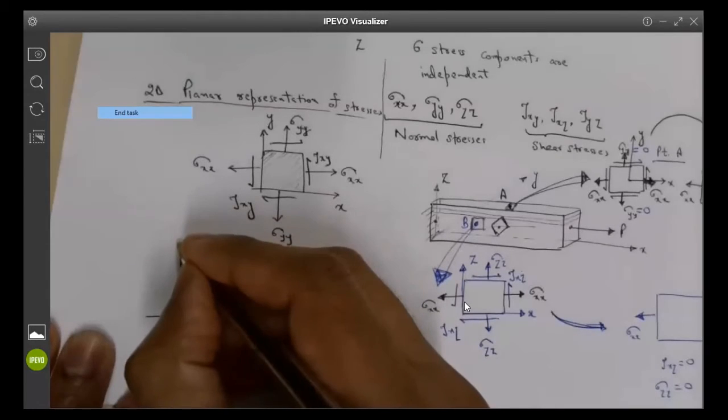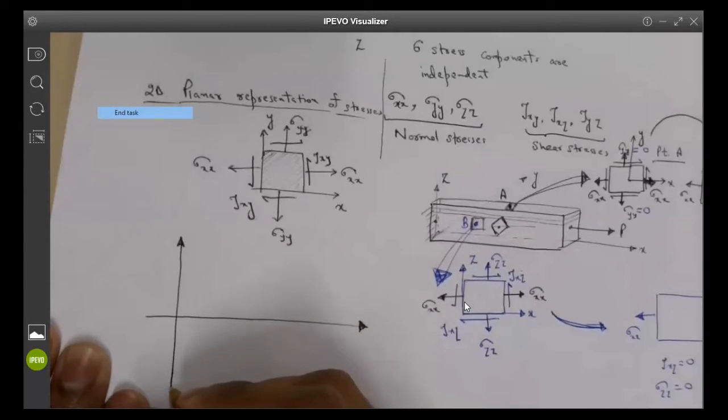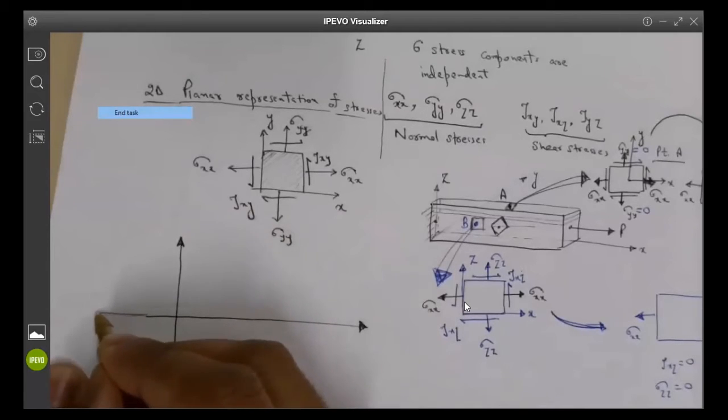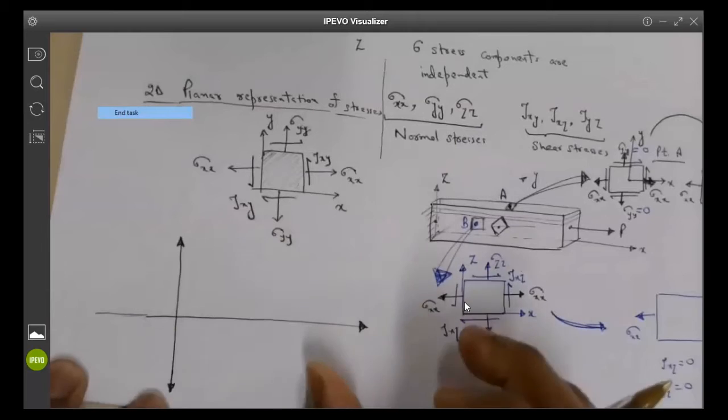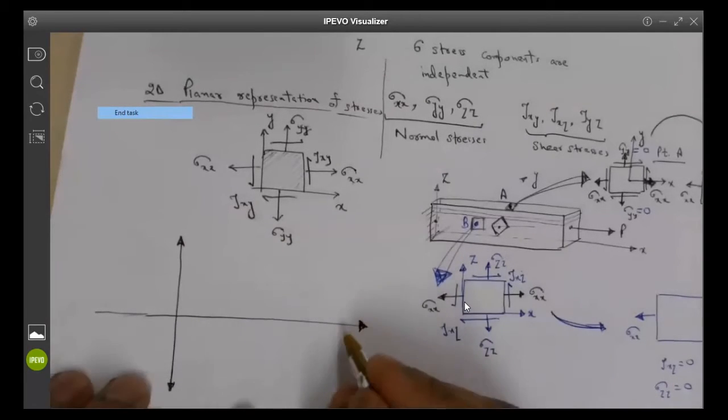The Mohr circle concept says that everybody knows about the x-axis and y-axis, the horizontal axis and vertical axis, right? In the Mohr circle, we represent the horizontal axis as normal stress.